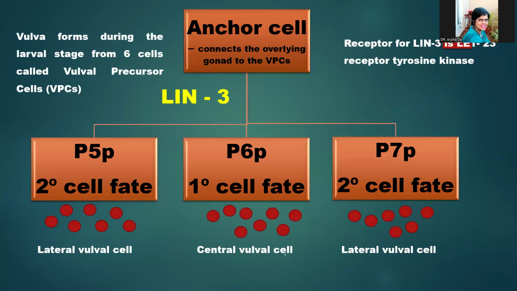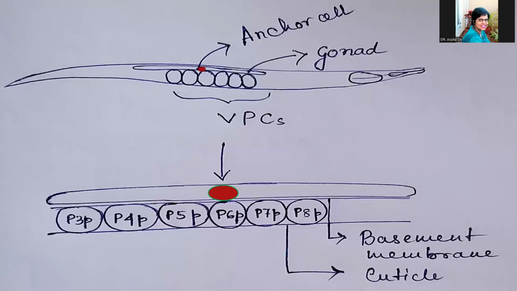Now take a look at the picture nicely. This P6.p here becomes primary. The adjacent ones become secondary.